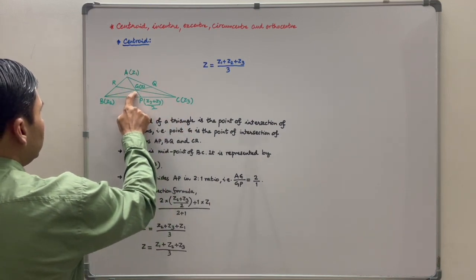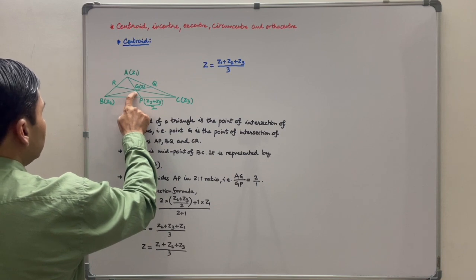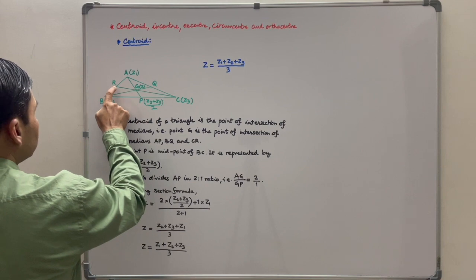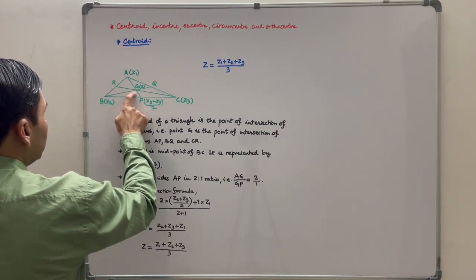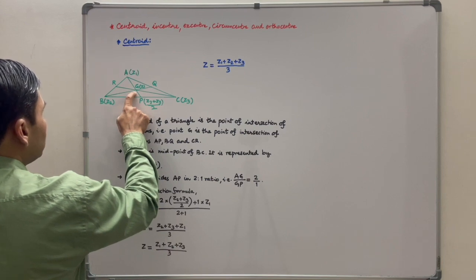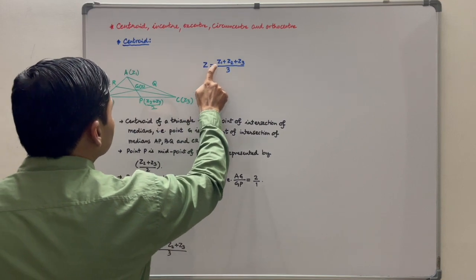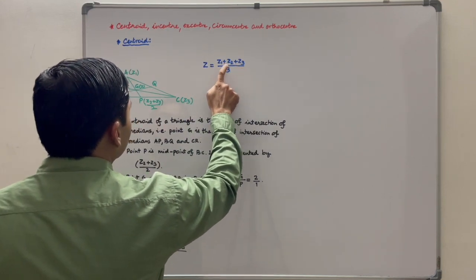Centroid is the point of intersection of three medians. In this figure, AP, BQ and CR are three medians. Their point of intersection, that is centroid, is represented by G. Suppose this is represented by complex number z. So z is equal to z1 plus z2 plus z3 upon 3.